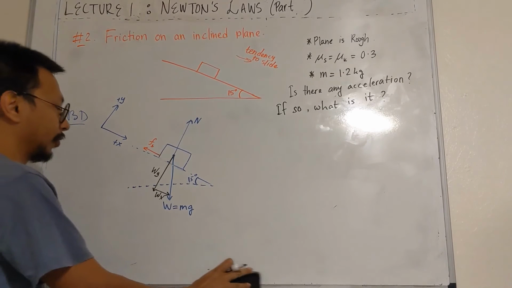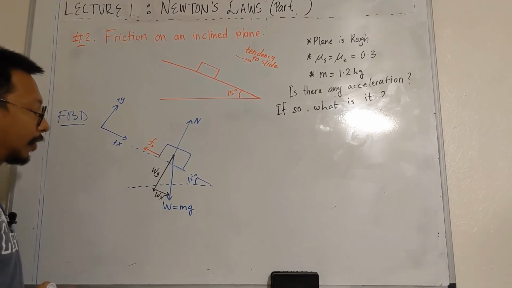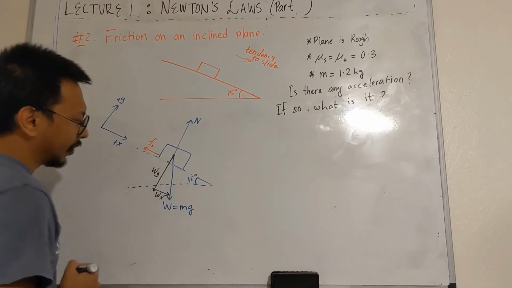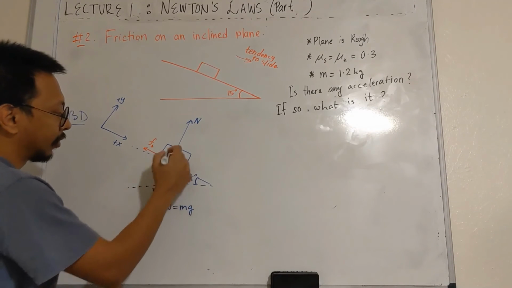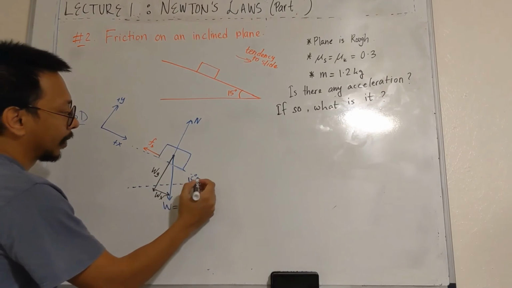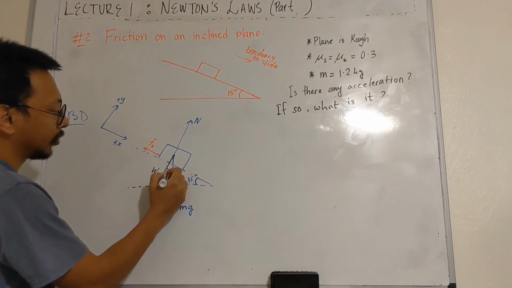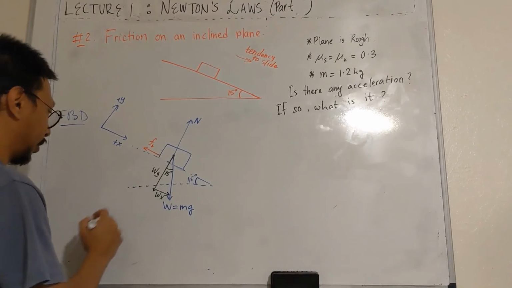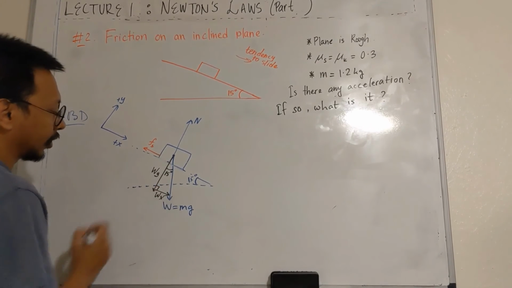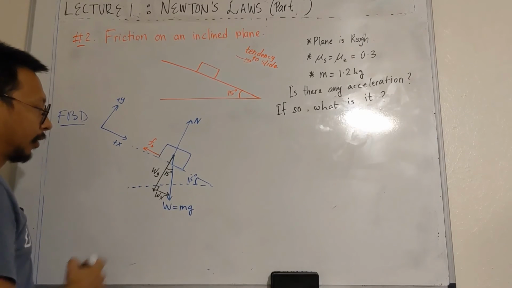Before we set up Newton's second law equations, let us first write down the components of W. If this is 15, we have learned how to manipulate this angle and write down angles in a triangle. If this is 15, this is also 15, as we have just seen. Then that makes our lives easier, since we know that this is a right angle. The angle between the two components must be a right angle.